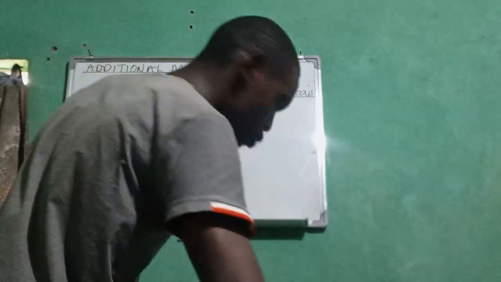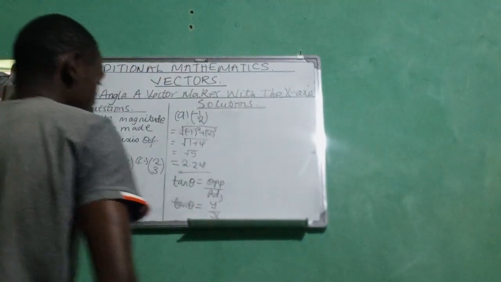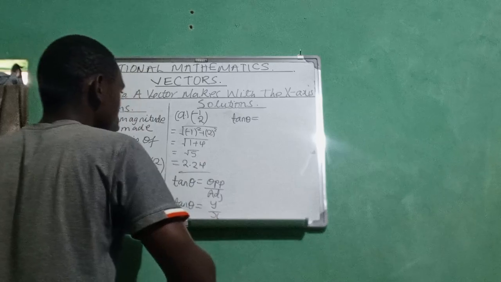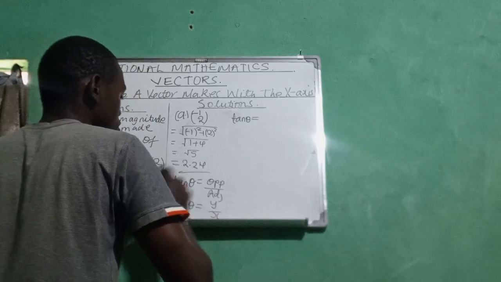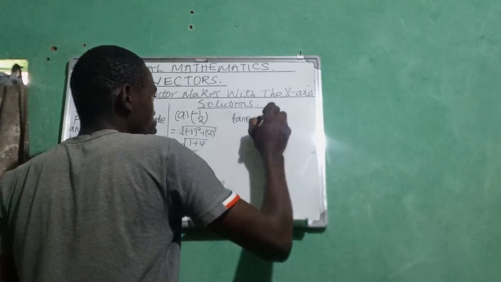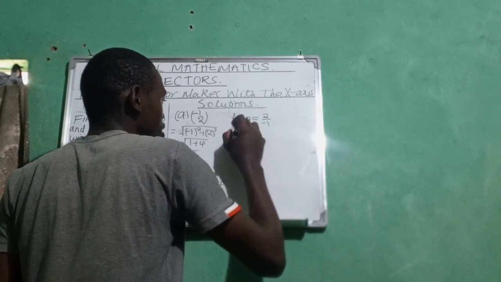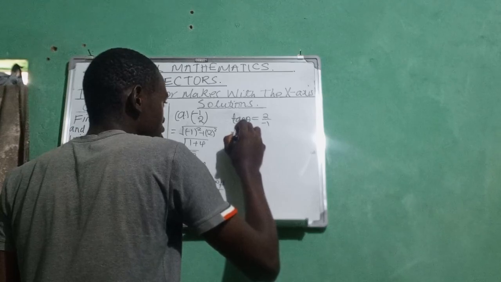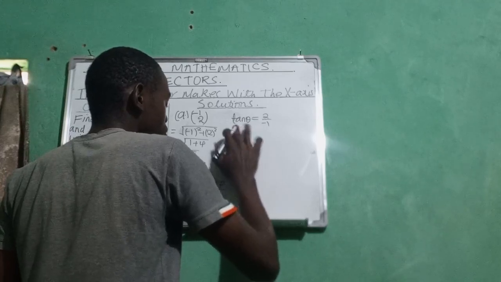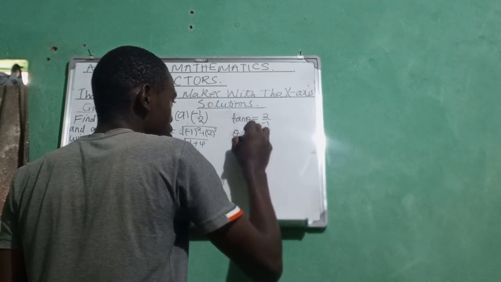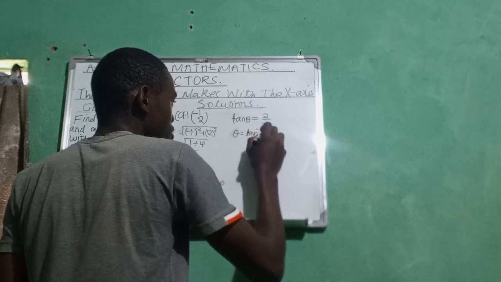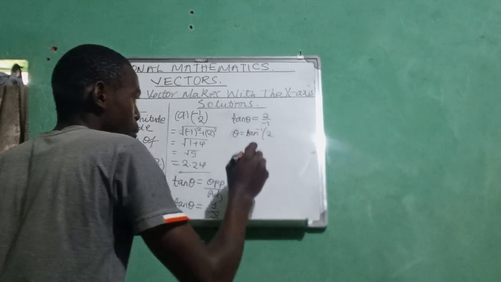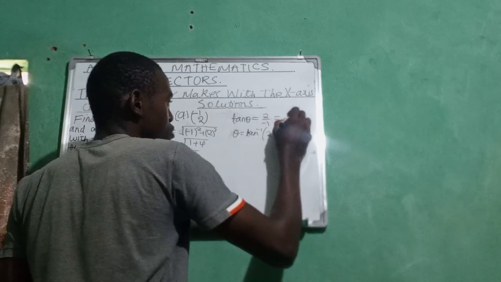So to answer question A, I will say tan theta is equal to, the opposite is always the y component, so 2 over negative 1. So theta is equal to tan inverse of 2, because this would give you negative 2.